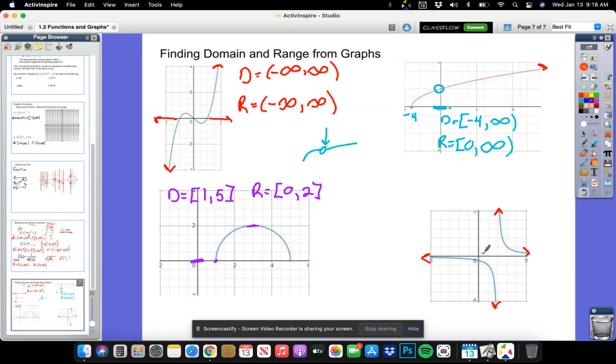Now let's look at this one right here. This is a 5 by 5, so it's 1, 2, 3, 4, 5. Each one's 1. Domain-wise, what's the furthest left? It goes forever this way, so it goes -infinity. What we have to watch is how it's going this way. As it's coming towards the right, it drops along this line right here. That means it cannot include that value of x.